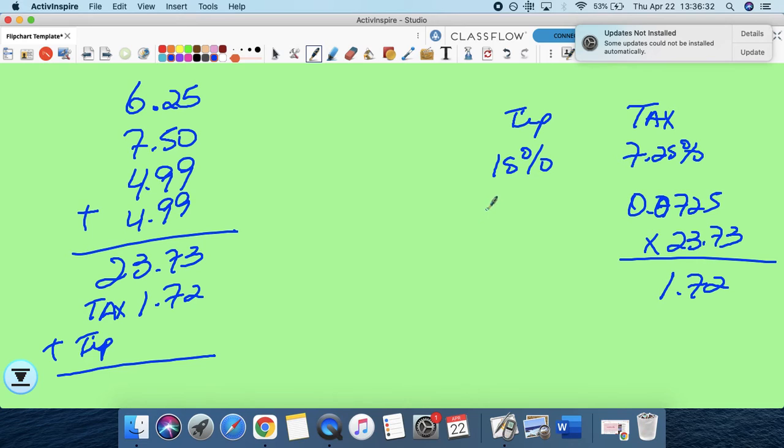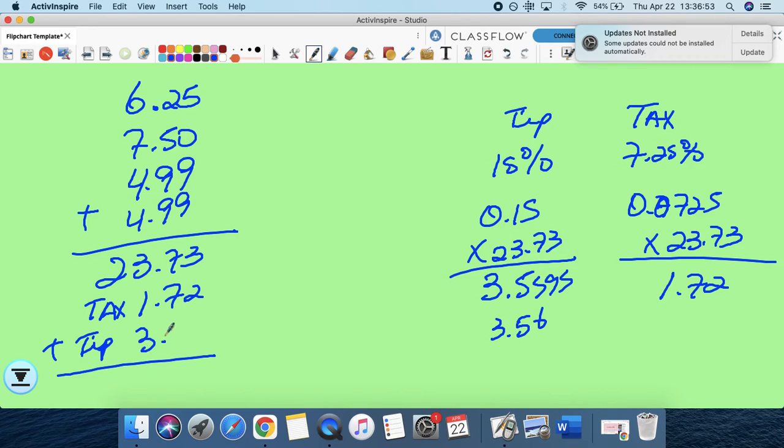The tip, again, 0.15 times 23.73. And the tip, la propina, is $3.5595 or $3.56, right? So there's your tip. All right, so 23.73 plus 1.72 más 3.56. The total de la cena, $29.01.